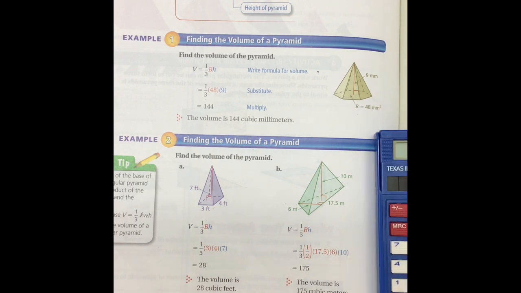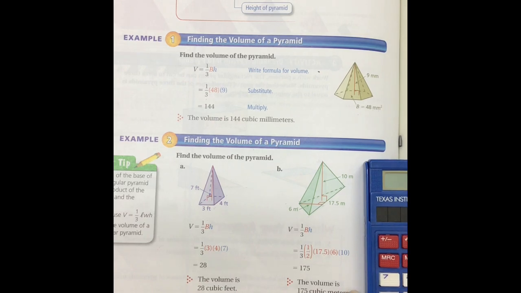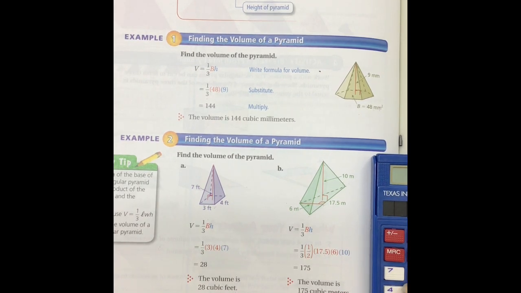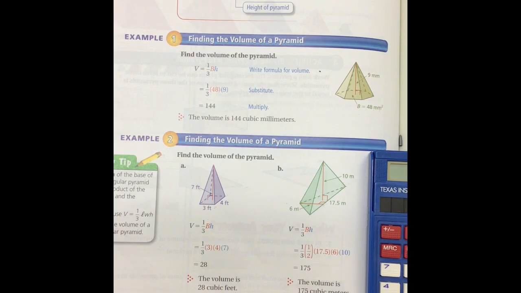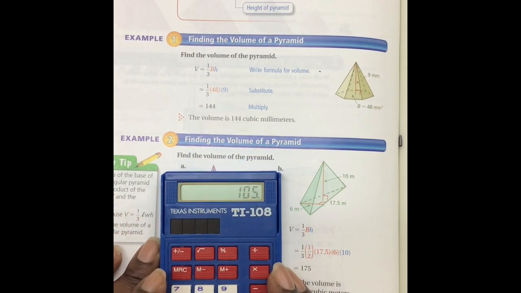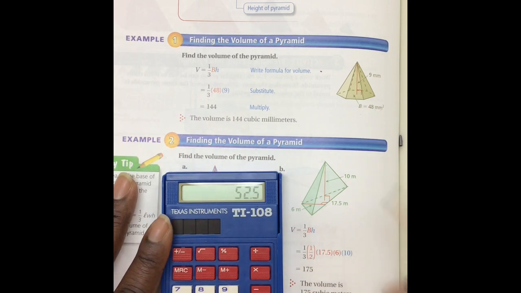Let's verify that. We have 17.5 times 6, which is 105. Then we take half of it, divided by 2, and we get 52.5.